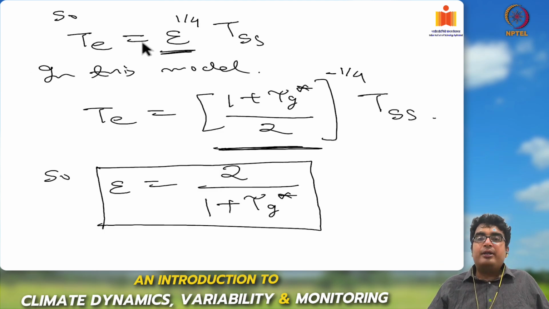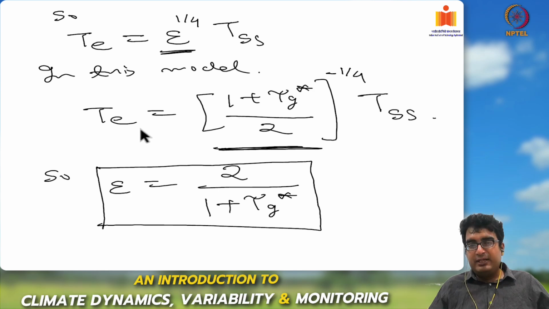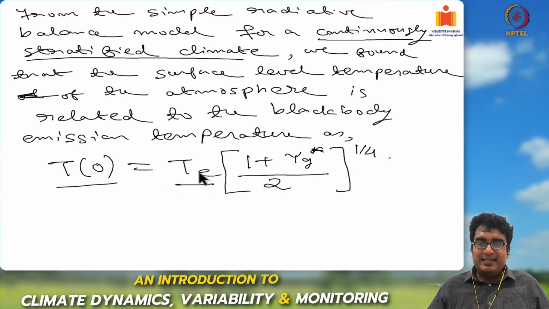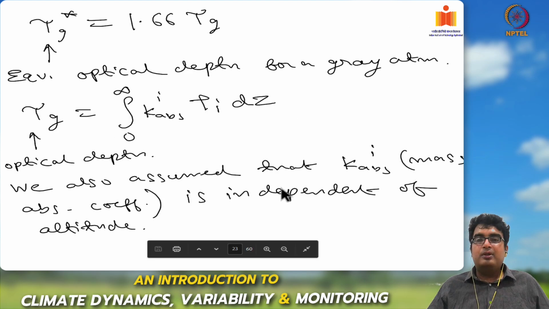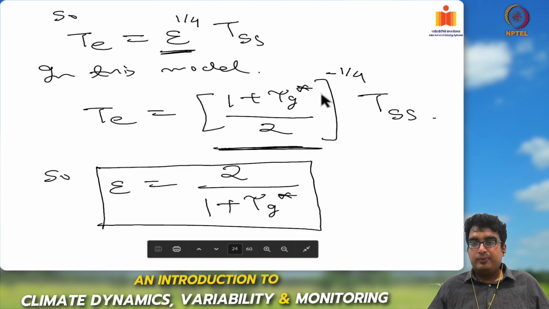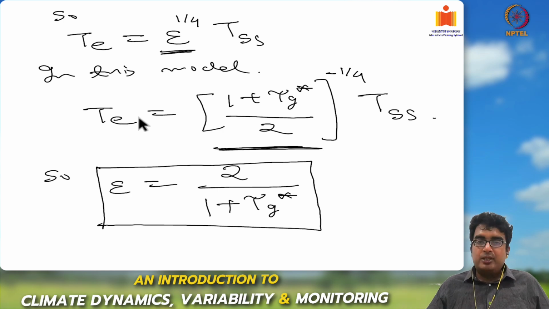So we have the model TE equal to epsilon to the power 1/4 TSS, and from the radiative equilibrium model we have TE equal to (1 plus tau g star by 2) to the power minus 1/4 TSS. This TE into this is equal to T0, so this is TSS. So TE is equal to TSS by this term. So the blackbody emission temperature equals (1 plus the equivalent optical depth by 2) to the power minus 1/4 TSS.